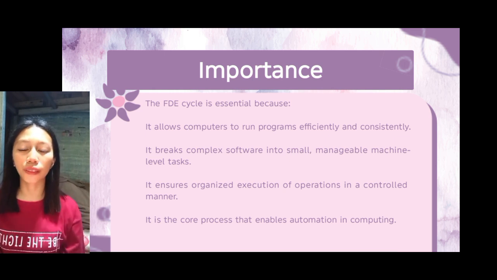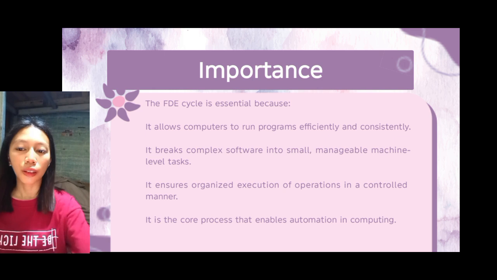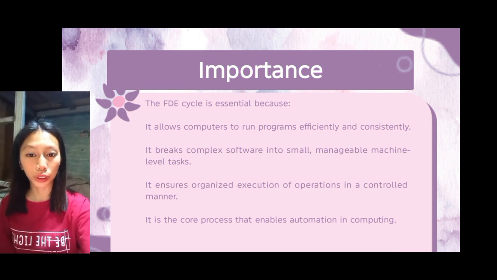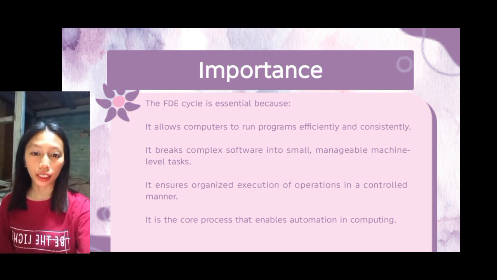So the FDE cycle is important because it makes sure computers run smoothly and correctly. It breaks tasks into small steps that the CPU can handle and keeps all operations organized. Without this cycle, computers would not be able to follow instructions to run a program.